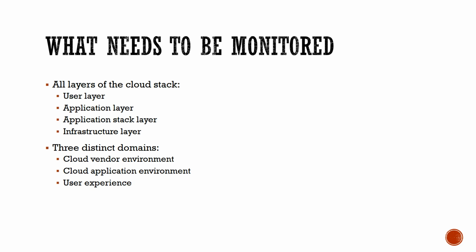The user experience is another domain, and some of those can be controlled. The user experience may or may not be something that can be controlled, but we can certainly monitor not only what's happening at the cloud stack, but what is happening with the users.